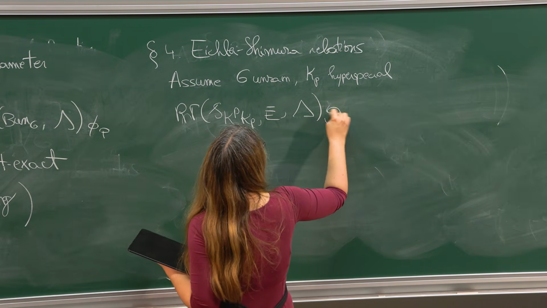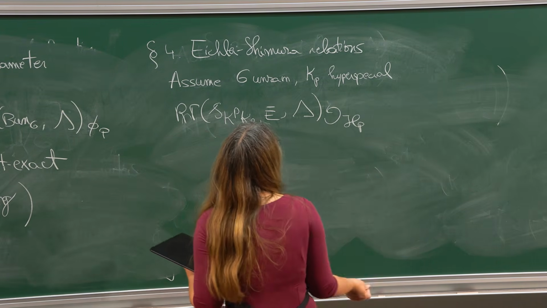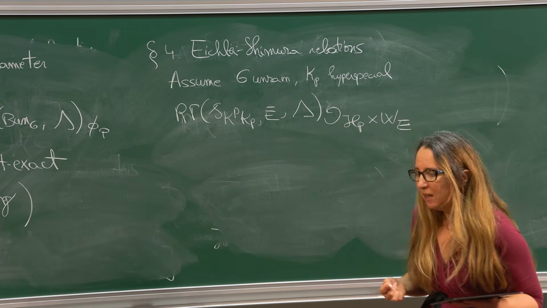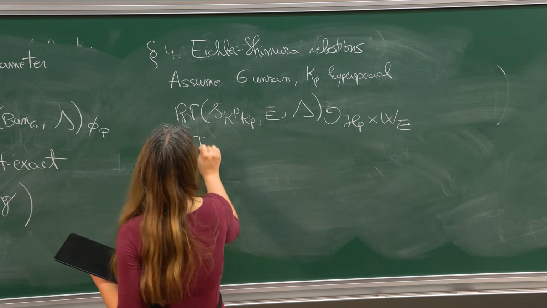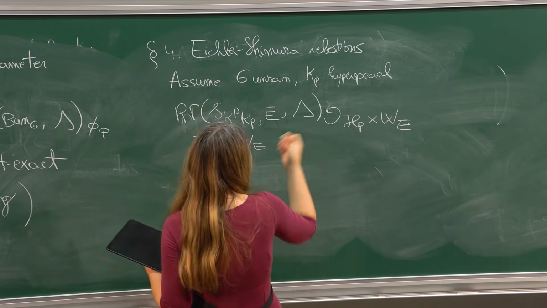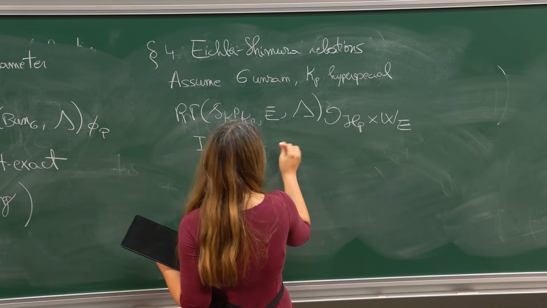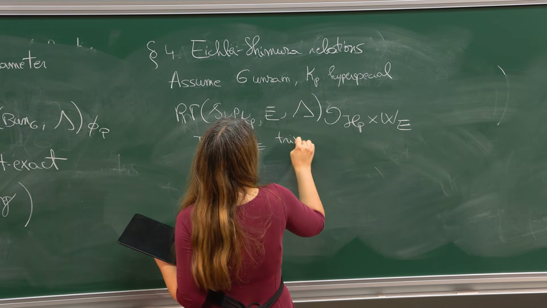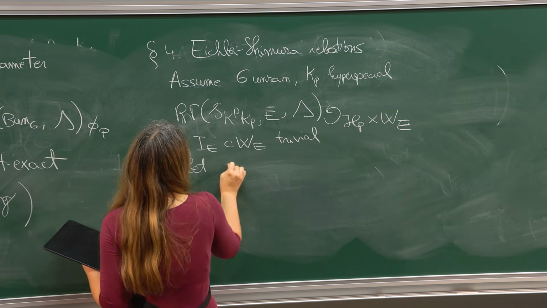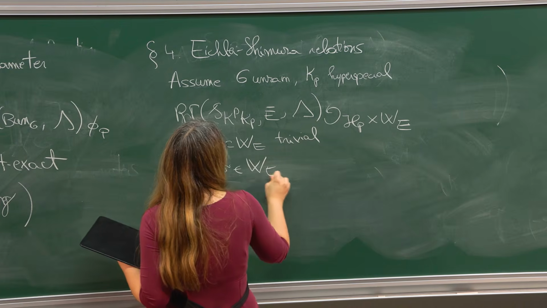And this has an action of the spherical Hecke algebra at p. And it has an action of the Weil group. But really, the action of inertia is trivial because the level is prime to p. So this is trivial. And then you take sigma to be any lift of Frobenius.